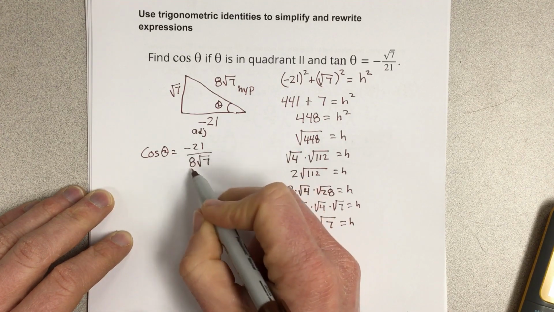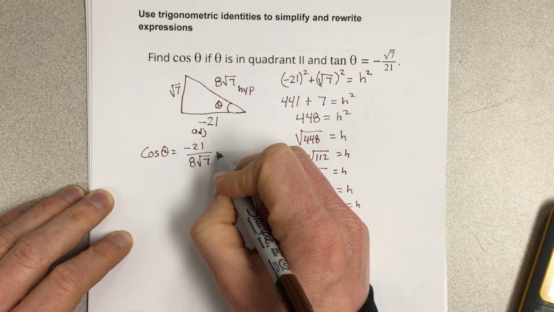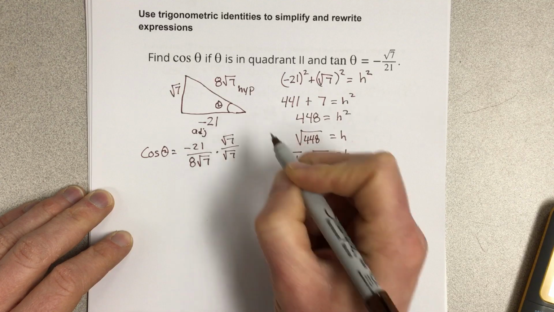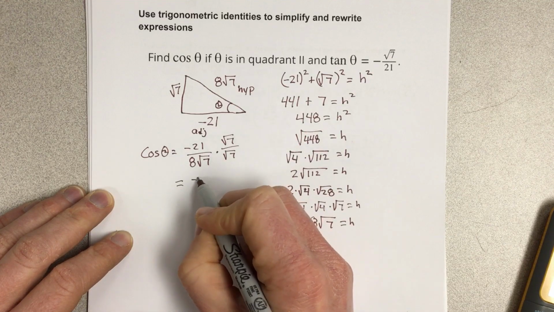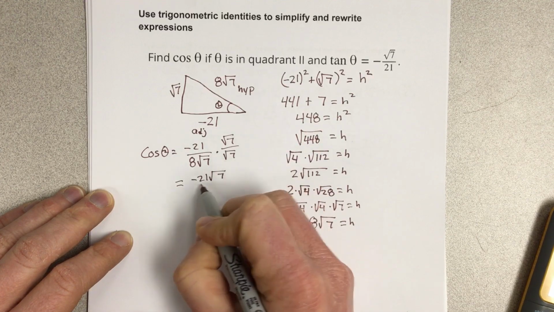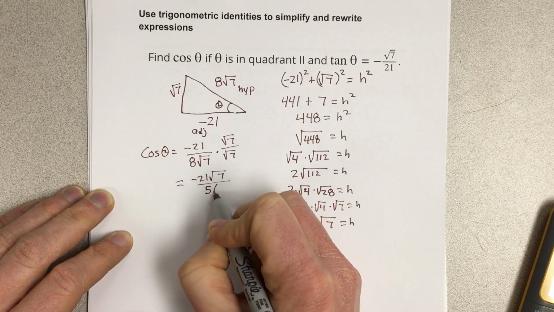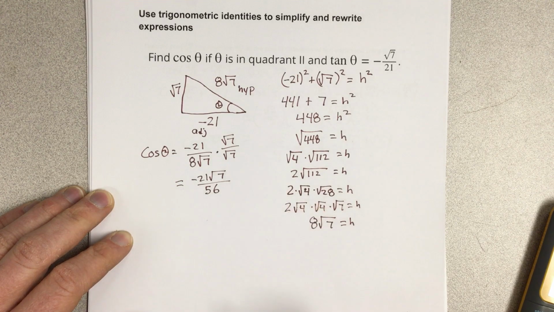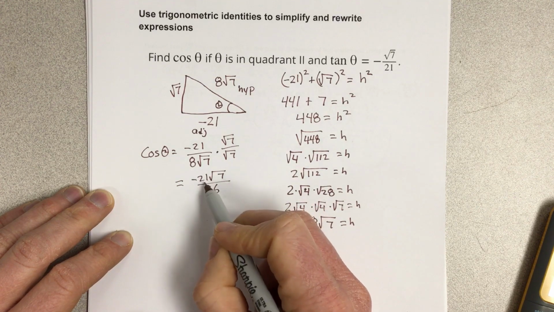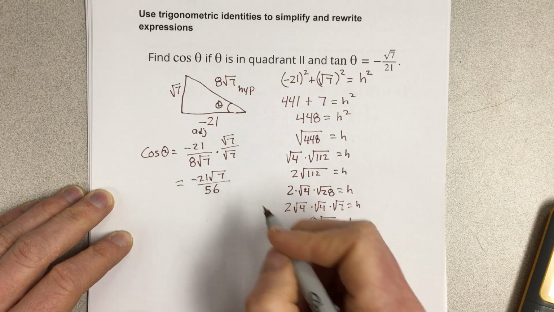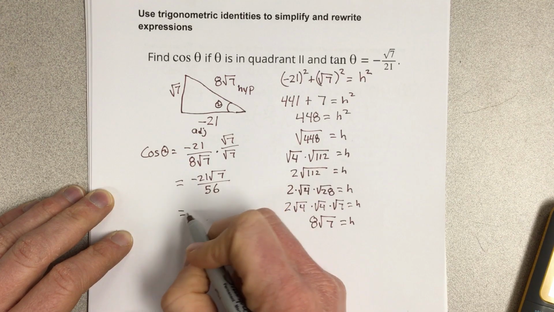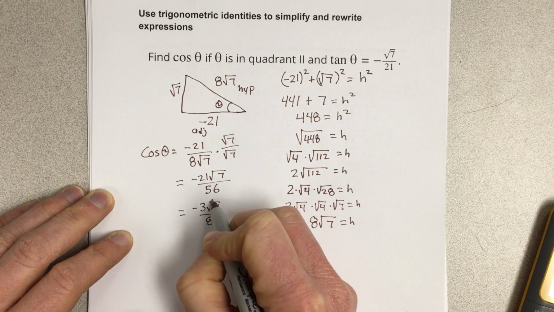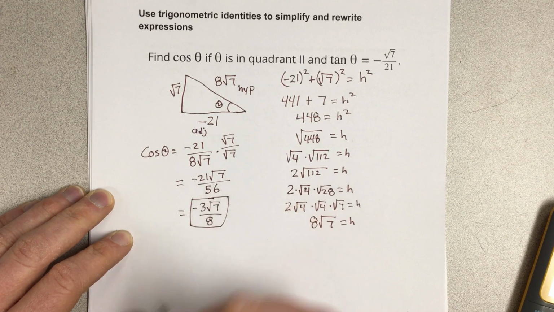I need to rationalize this denominator, so I'm going to multiply by root 7 over root 7, which gives us negative 21 root 7 over 56, because root 7 times root 7 is 7, times the 8 is 56. Now I can reduce these, because I can divide both of these by 7, and that would be negative 3 root 7 over 8. And that's what cosine theta equals.